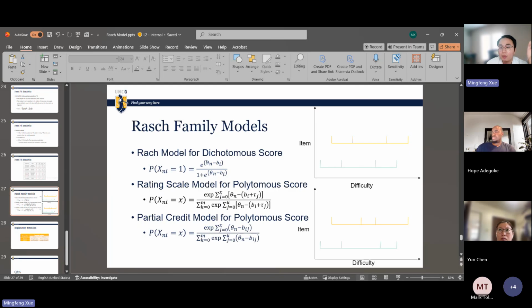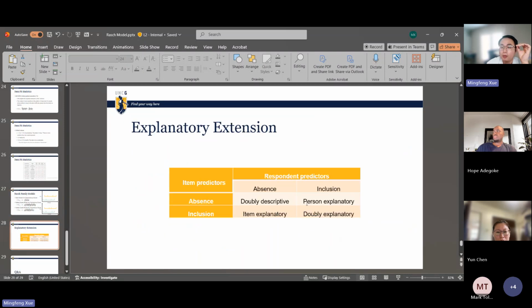So we can further decompose this latent trait effect and item parameter in an explanatory way. For example, we want to see whether there's a substantial gender difference in terms of argumentation. As we know, argumentation is the latent trait, and we can incorporate gender as a predictor on the person side. And this makes a person explanatory model.